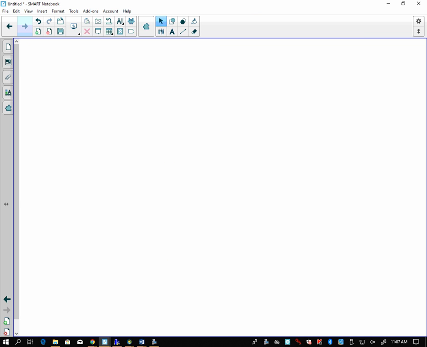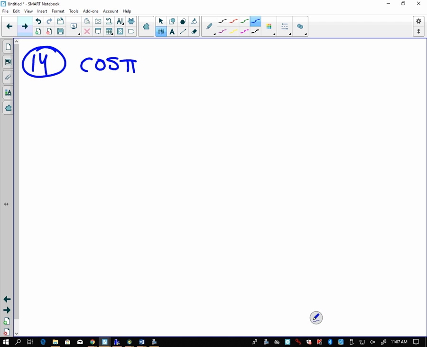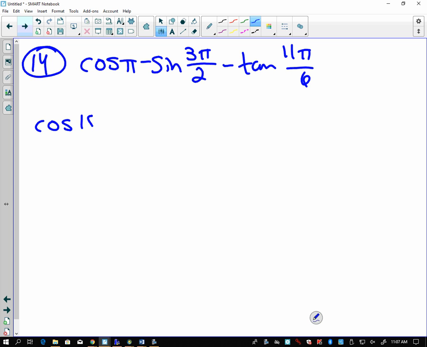All right, number 14. Number 14, we have cosine pi minus sine 3 pi divided by 2 minus tangent 11 pi divided by 6. We're going to go ahead and convert our radians into degrees. So I have cosine 180 degrees minus sine.